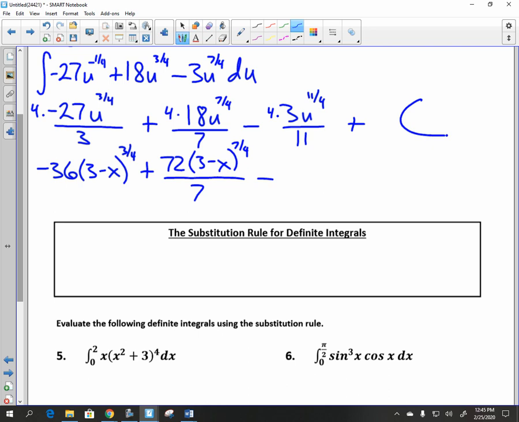Minus 12 times 3 minus x to the 11/4 over 11. Plus a constant.